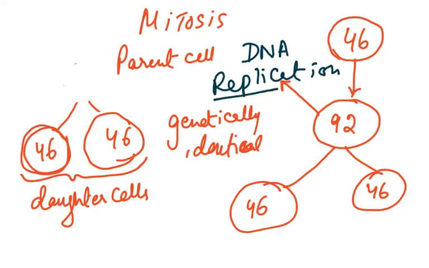So this 46 to 92, why? It is because the chromosomes are doubling. If the chromosomes are doubling, then what is doubling? What are chromosomes made up of? DNA. So DNA replication has to take place, and the one cell becomes one cell with 92 chromatids, and then the cell divides into two cells, and they have 46 in each.